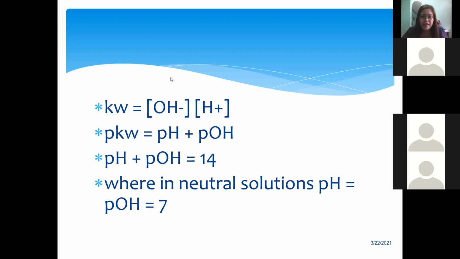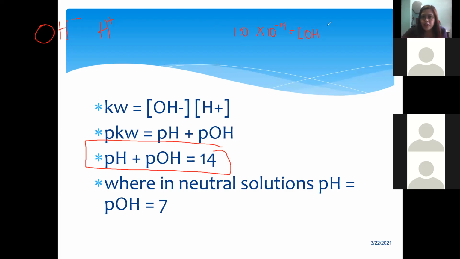The answer there is 14. Kaya may 14 ka dito. Wait lang. I-illustrate ko na lang ha para dili mo maglibog. Nga nung na-arrive ni siya na formula. So, di ba, our original formula, katong sa assignment, gani ninyo nga, you are either looking for the OH or the H plus using this formula.